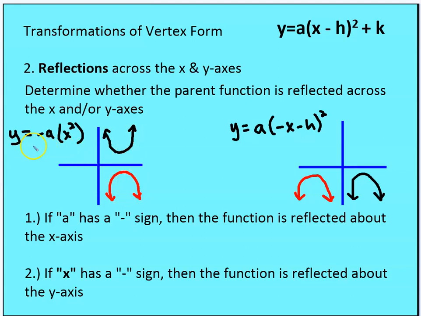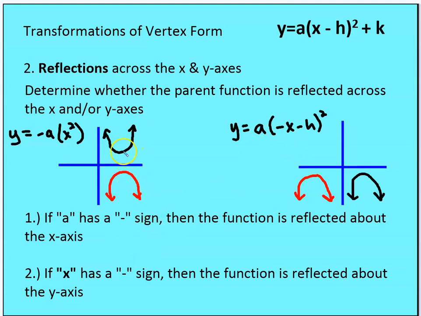Or if it's moving from y is equal to negative x squared to y is equal to x squared as a parent function, we're going to reflect it across the x-axis. So if a has a negative sign, then that function is reflected over the x-axis. And then for reflections across the y-axis, if x has a negative sign, then the graph is reflected about the y-axis.